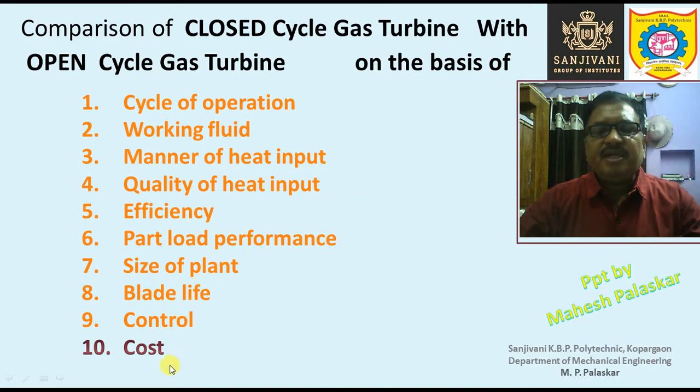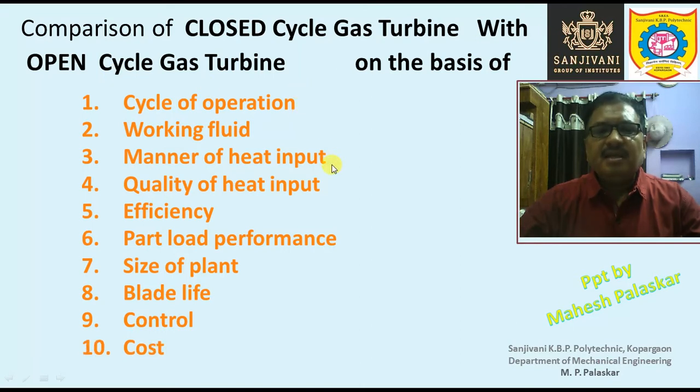But the last point is the important point, that the cost of the closed cycle gas turbine is higher than the open cycle gas turbine, because the material of construction should be strong and the system becomes complicated, and therefore the cost of the closed cycle gas turbine is higher than the open cycle gas turbine.